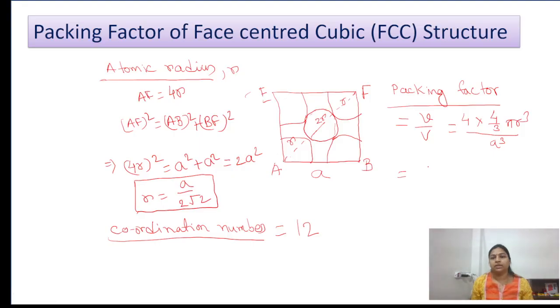If we simplify this, we find pi divided by 3 root 2, since we know the lattice parameter A is equal to 2 root 2 r. This is equal to 0.74.